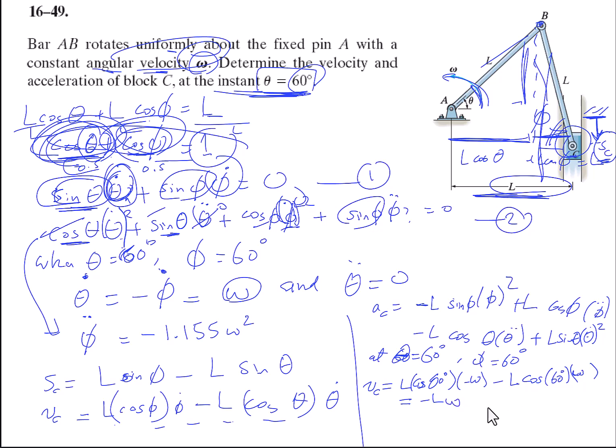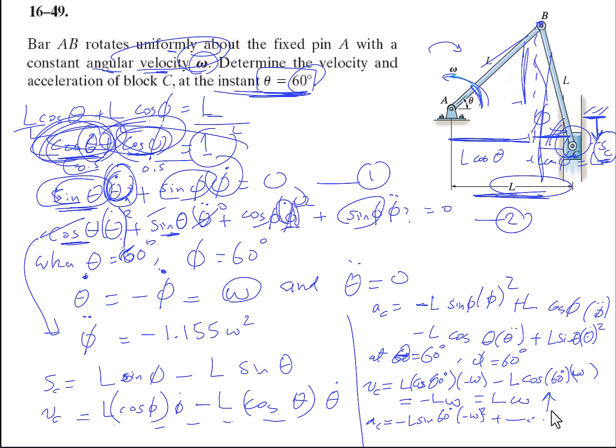So this is minus because we did minus, so this is this way. So basically this is L omega this way, so this is upward. And the acceleration of C is minus L sine 60 degrees times minus omega squared plus L cosine 60, etc., etc.